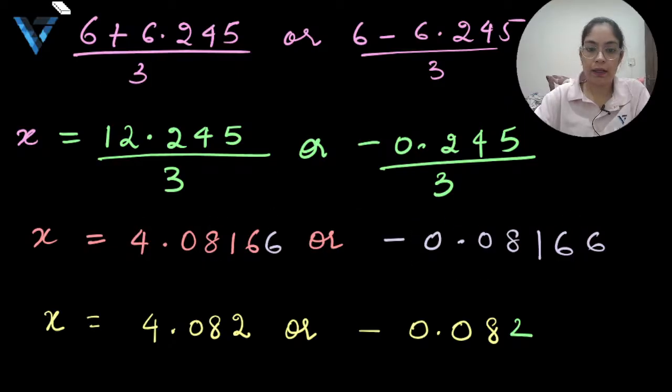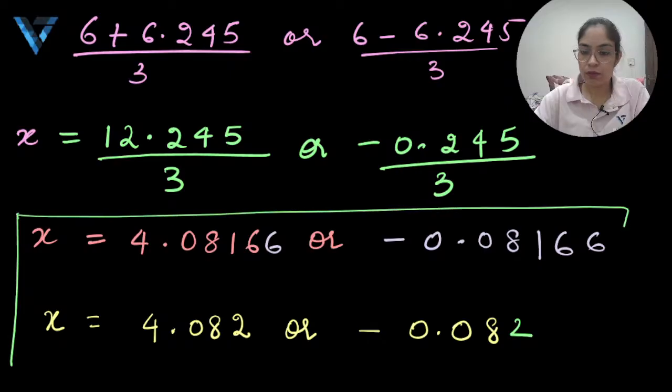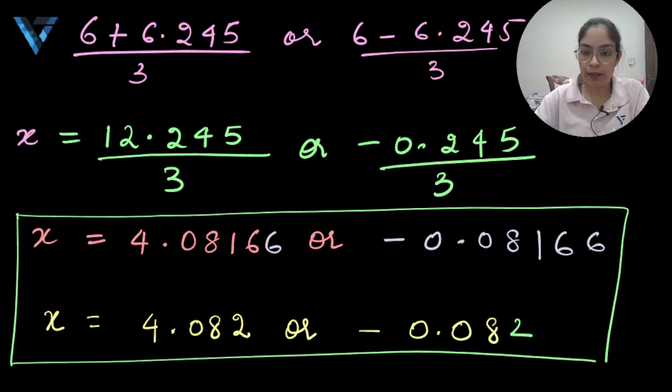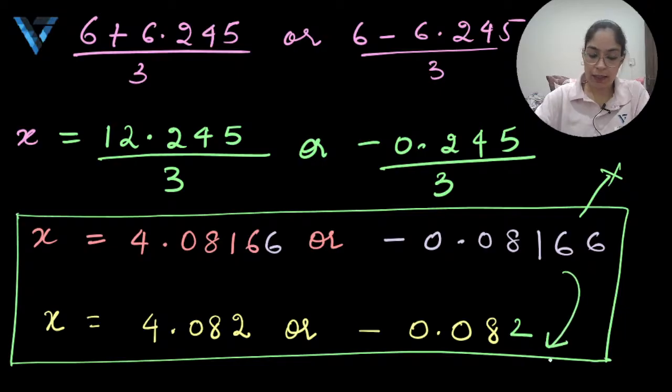So this is the correct answer: 4.082 or minus 0.082. So these you have to write like this. Don't round it off at the division step; rounding off you have to do at the last step. So I hope it's clear.